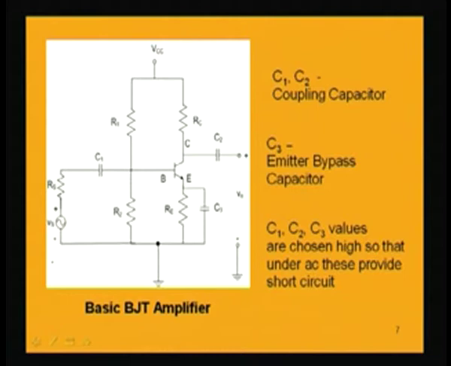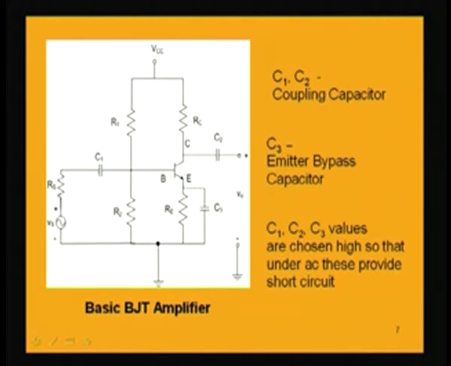Meaning is that we need to amplify only this small signal or AC signal Vs, and in no way it should be corrupted by the DC voltage, and that is ensured by this coupling capacitor, because it is blocking the DC from reaching this source. That is why we are applying a coupling capacitor here also.